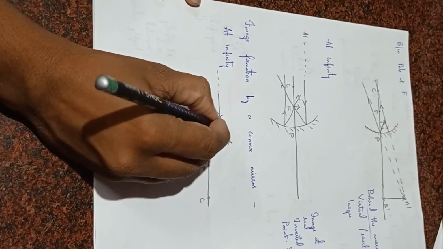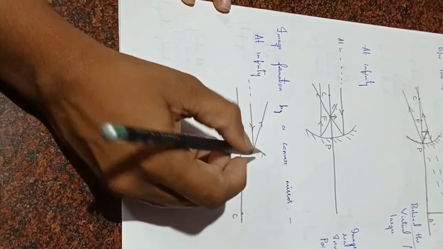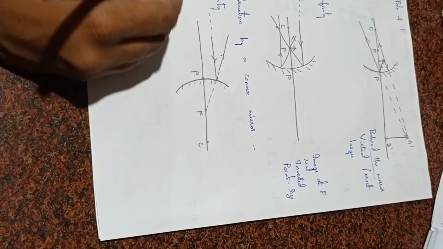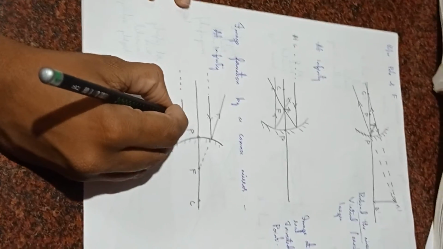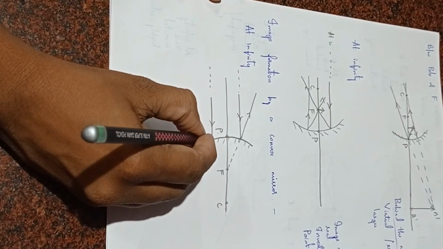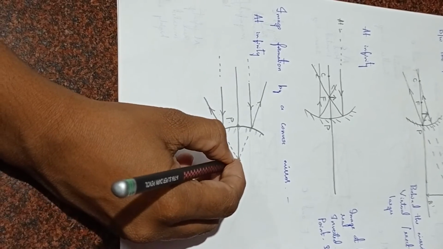After reflection, what happens? You have to see that, right? It appears to pass through the focus. One more ray from infinity is incident on the mirror, and after reflection it meets over the focus.